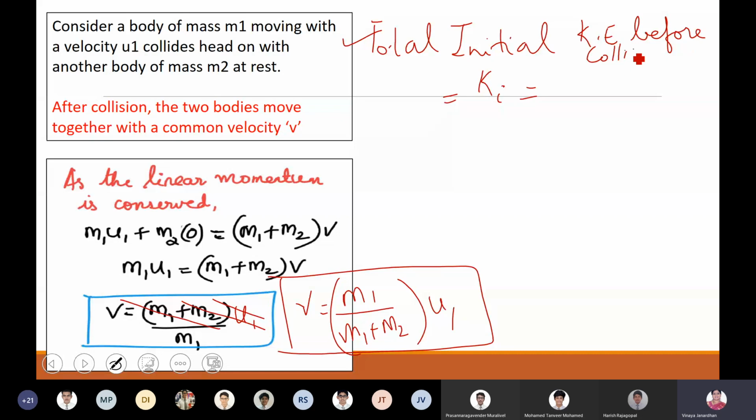Let it be Ki. Then you can write the kinetic energy after collision, that is Kf. Then you can find the change in kinetic energy. So these three steps you have to find.